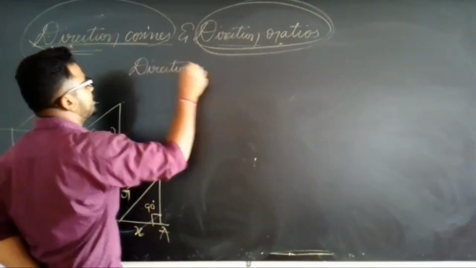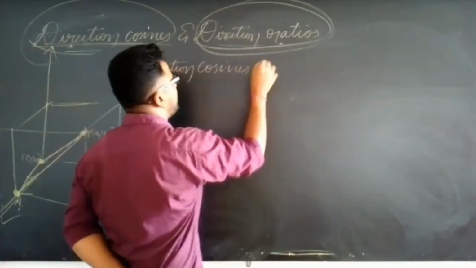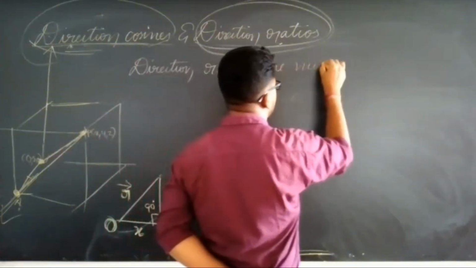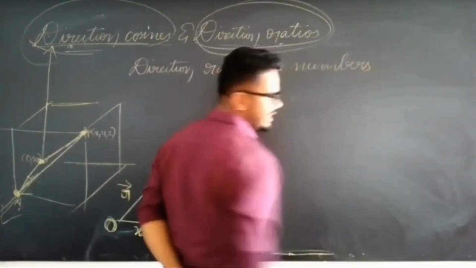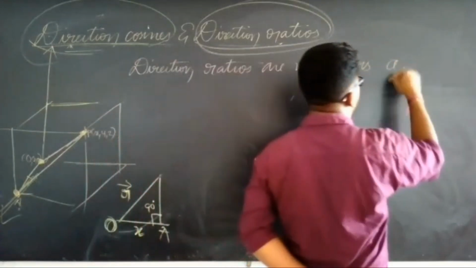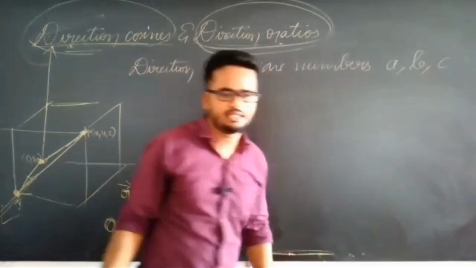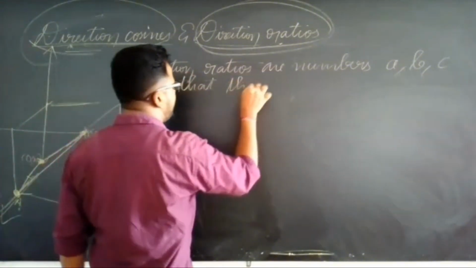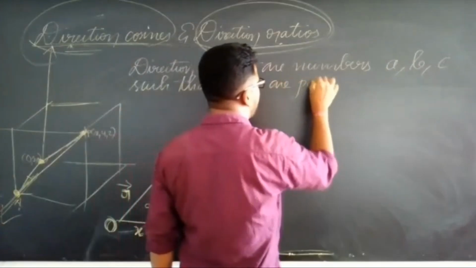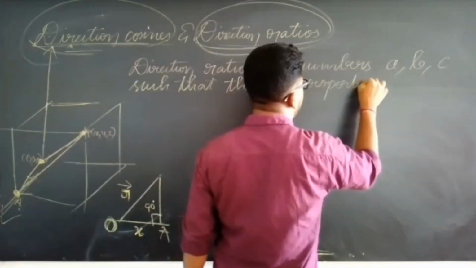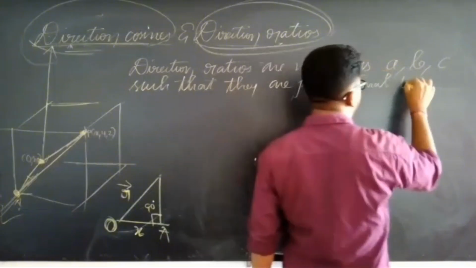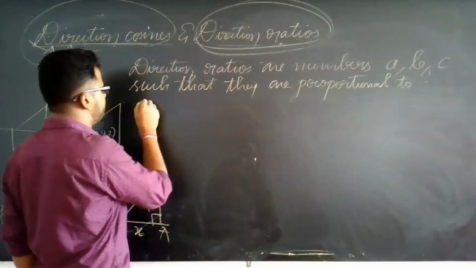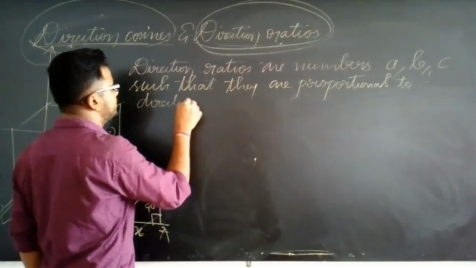Direction ratios are numbers, like A, B, C, such that, I'll explain you, don't worry, such that they are proportional to direction cosines.